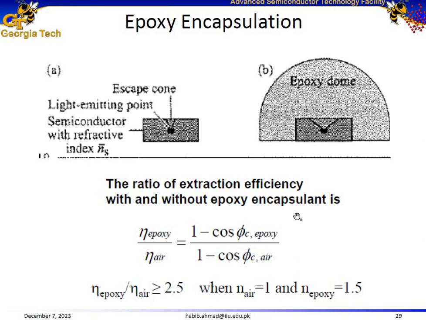And using this simple expression, we find that the quantum efficiency of this configuration, which is encapsulated with epoxy, or we can encapsulate it with plastic as well, is 2.5 times higher as compared to this configuration which is not encapsulated. So it's a good idea to encapsulate our light emitting diode structures, and that is what we see in practical real life LEDs.